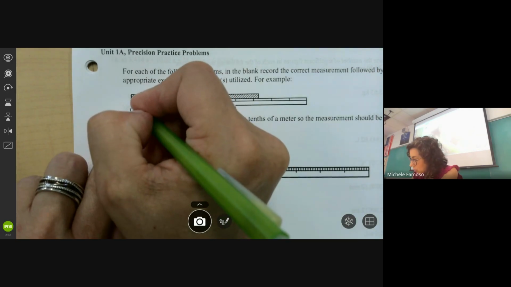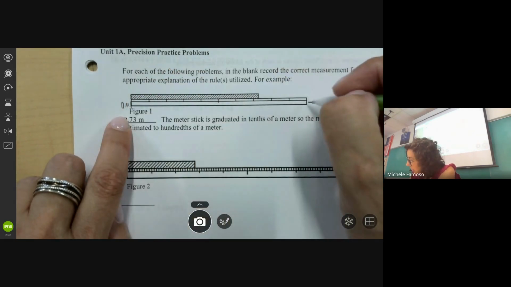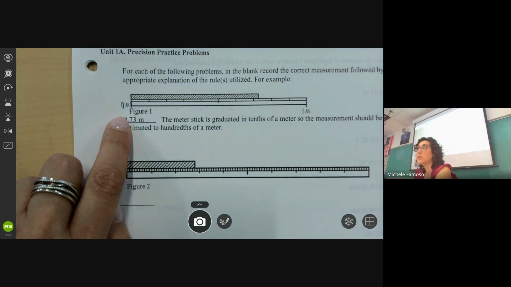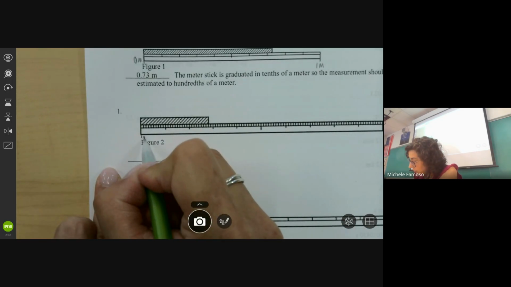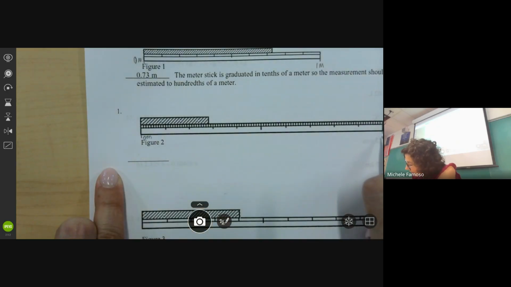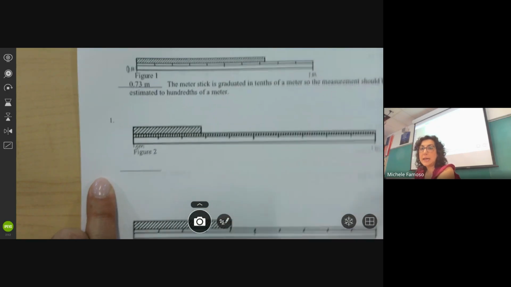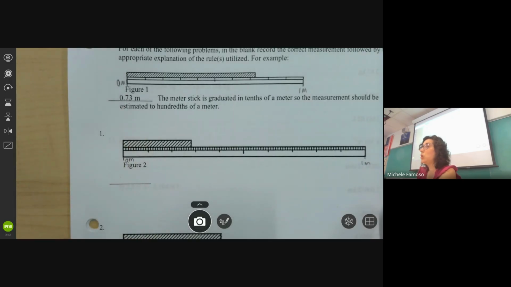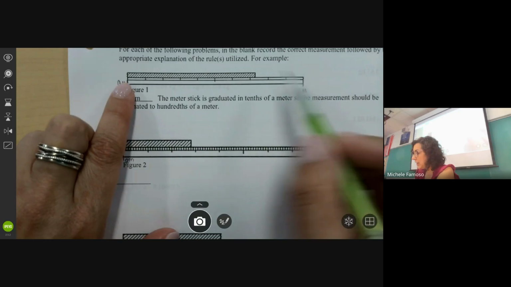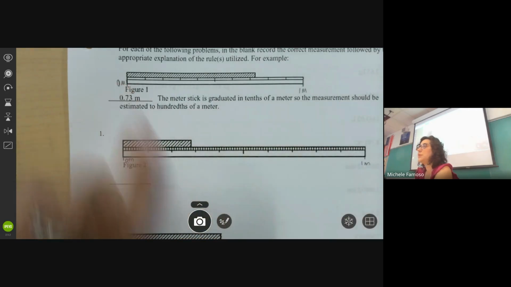This left edge is 0 meters. This edge over here is 1 meter. Okay, that's true for all of them. So this is 0 meters. This over here is 1 meter. You'll see, based upon which example we're looking at, that the meter stick has a different number of divisions in every case.